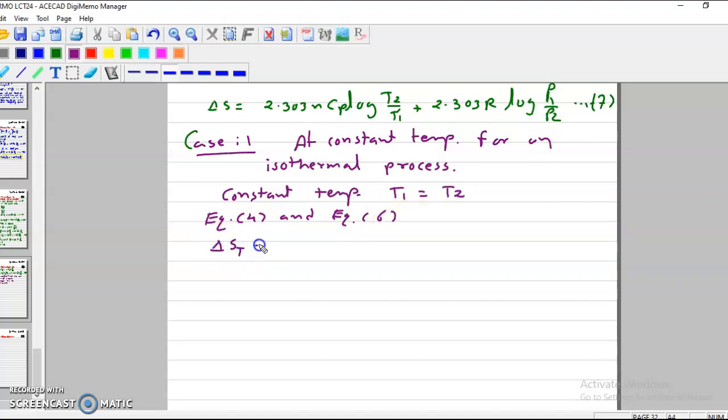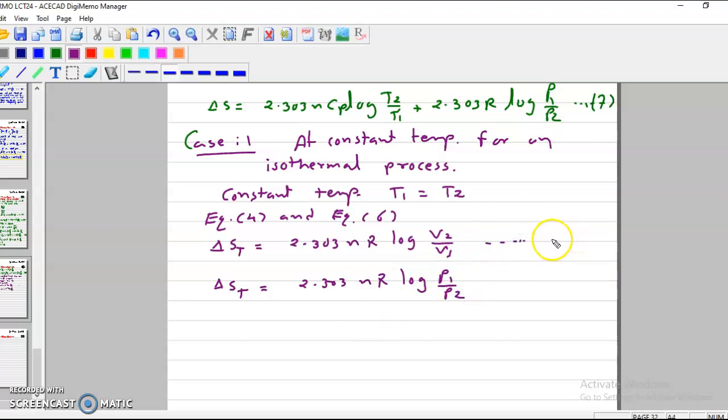Delta S at constant temperature will be 2.303 nR log V2 upon V1, and delta S at constant temperature is equal to 2.303 nR log P1 upon P2. So this way, this is the formation of different conditions when constant temperature is taken. This is equation 8, this is equation 9, when temperature is constant.